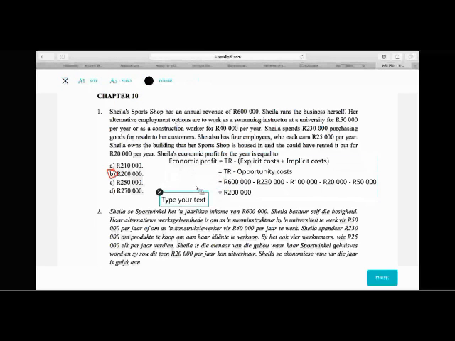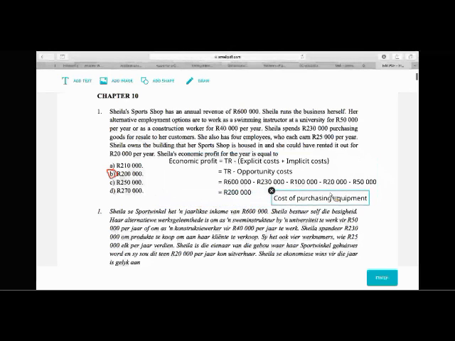Okay. Something that does come up in these questions, which I just want to point out, is that in the past we've mentioned that there is a cost of purchasing equipment. I just want to remind everybody that equipment cost does not form part of your profit and loss calculation except in the form of depreciation. So if the question tells you the person spent 200,000 Rand on equipment, you wouldn't subtract that 200,000 Rand as a cost.